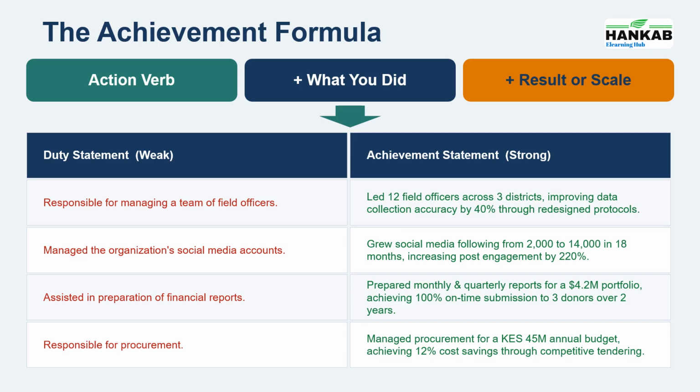Leadership, analysis, finance, program work, technical, communication. Do not continue to the next slide until you have 9 bullet points written. 3 for each of your 3 most recent roles. This exercise is the foundation of your entire master document. Do not skip it.